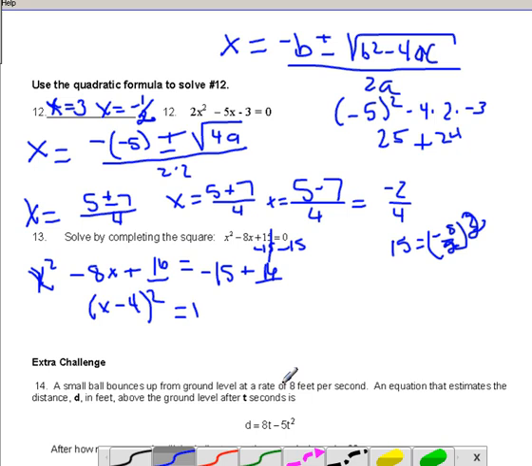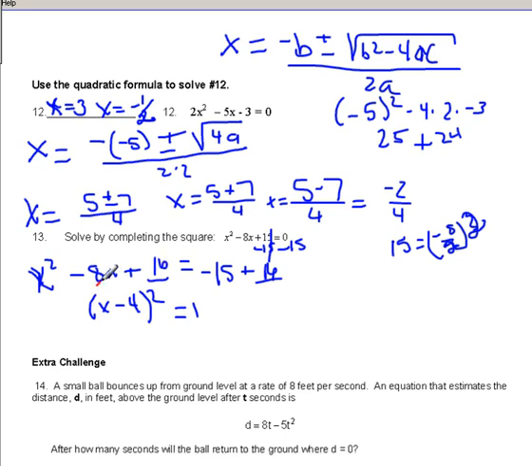Now, I believe we're on step 5 already. Step 3 was to add c. Step 4 was to factor the expression, and I used the shortcut by dividing by 2 to get my negative 4. And so now we're on step 5, and step 5 says take the square root of both sides. We're undoing the square. x minus 4 equals plus or minus 1.